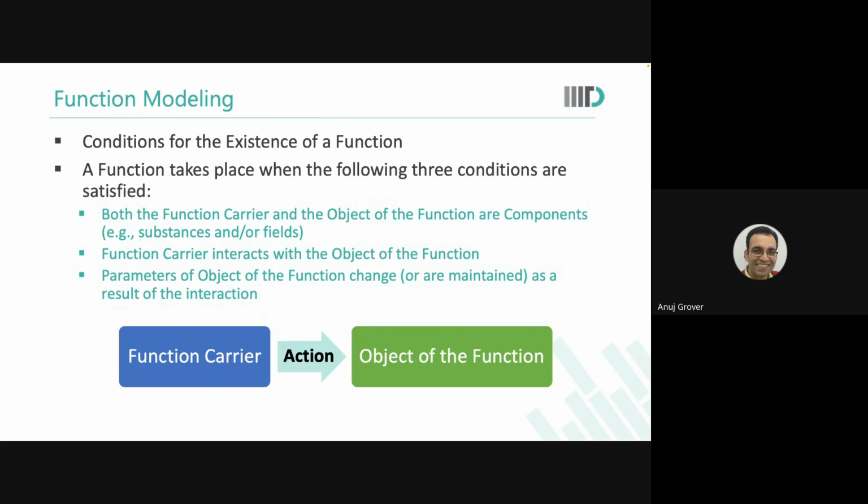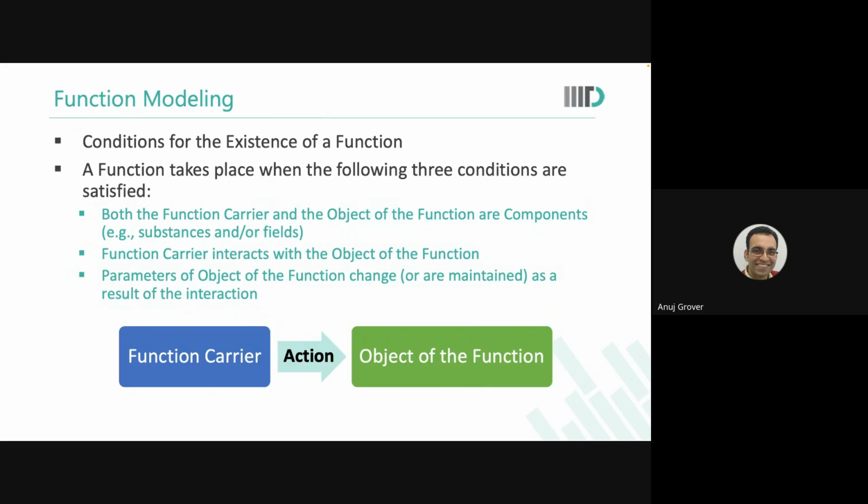No. So if nothing is changing, nothing is maintained, neither are you helping me study nor dissuading me from study, there's no change in action. Whether you are there or not, it doesn't matter to me. There is no function happening. I rather not model it. I can model it, but there's no point. I will just make my analysis more complex. I rather not model it. Is that okay?